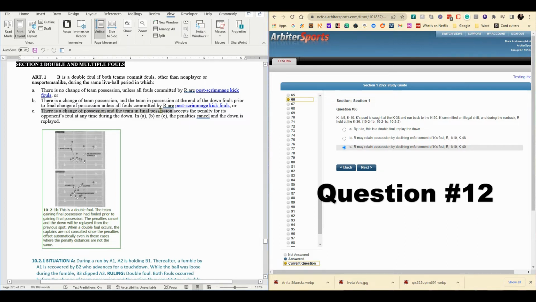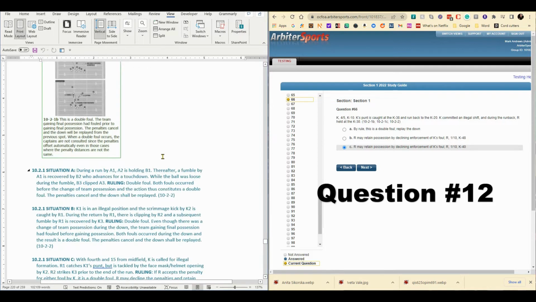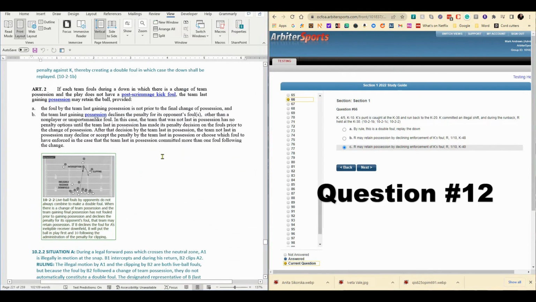And the team in final possession accepts the penalty for its opponent's foul at any time during the down. The penalties cancel and the down is replayed. So, if R accepts K's foul for an illegal shift, we're going to do the play over from the previous spot. Okay? But of course there's a but.